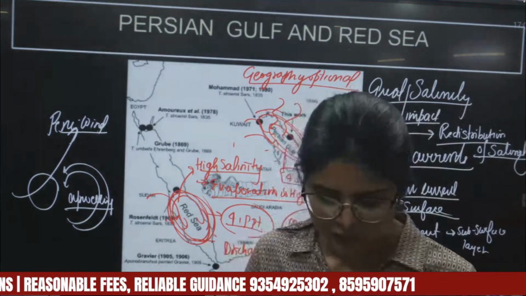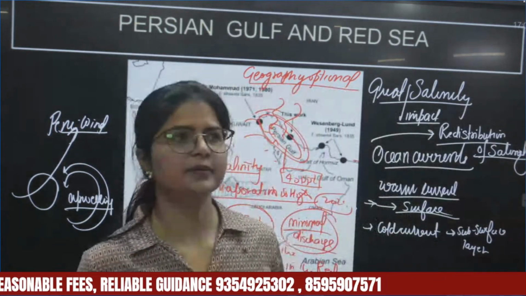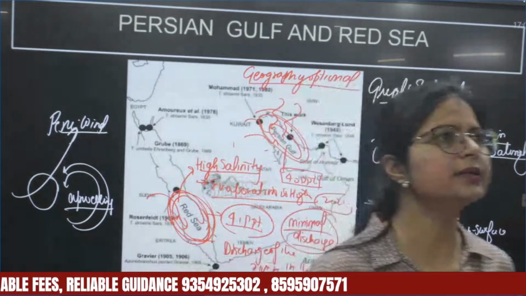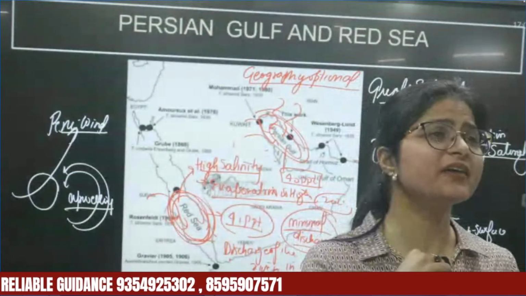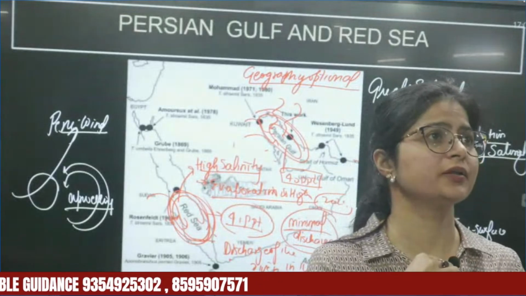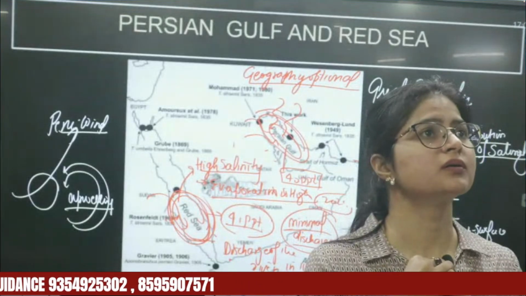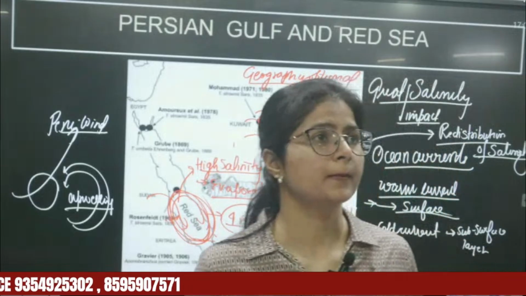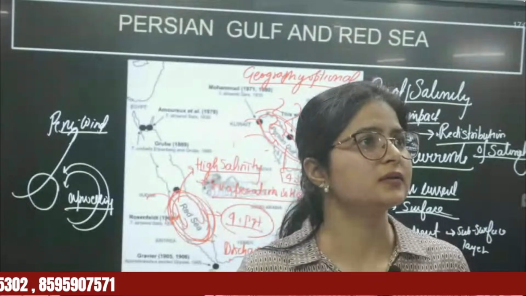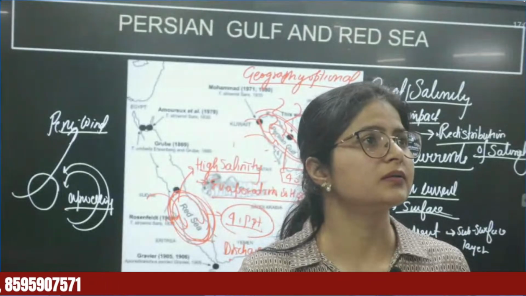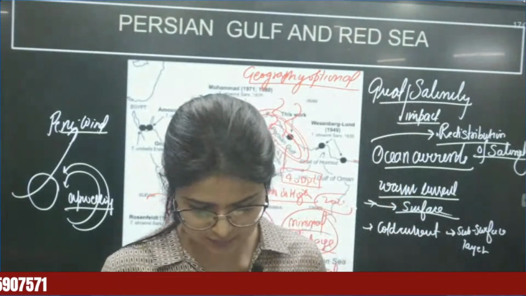Alright, so let's move towards another parameter. Do you have any doubt? Can you please quickly repeat ocean currents? Do you want the line repeated, or conceptual clarity? Okay, the line. Write down.